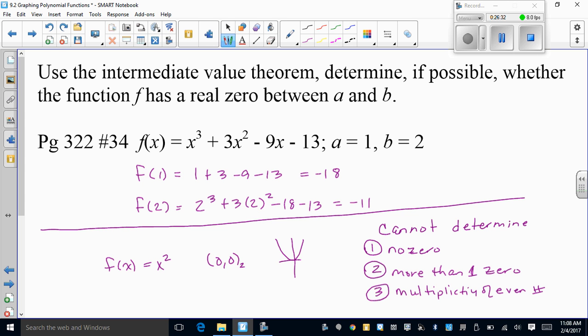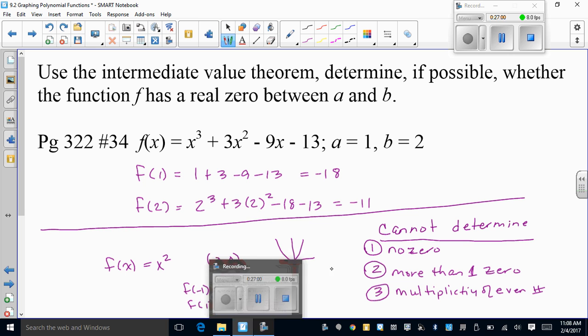And what I'm trying to point out is if I did f of negative 1, I get 1. If I do f of 1, I get 1. But we know there's a 0 in between. And that's why we cannot determine if there's a 0 between these two or not.